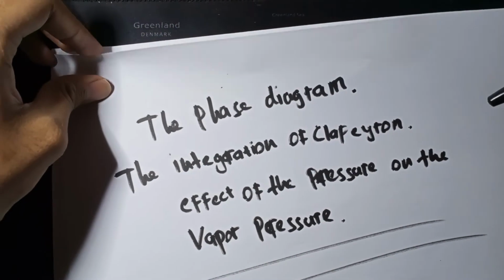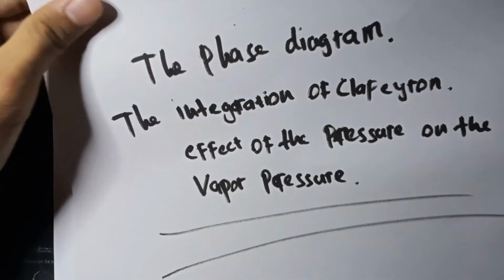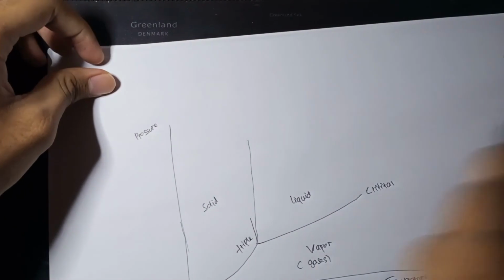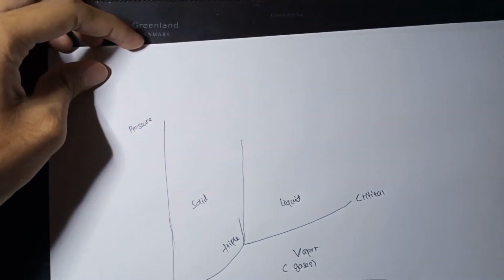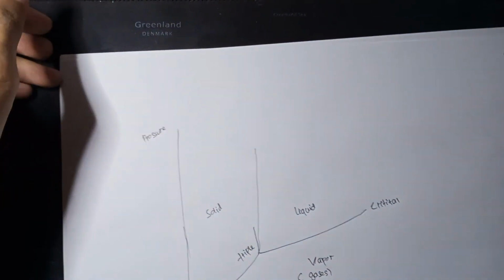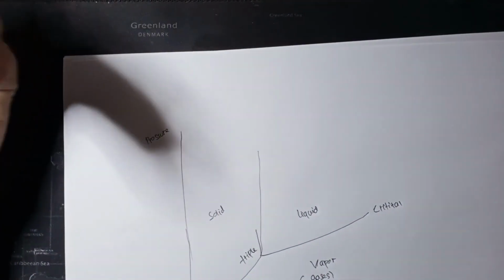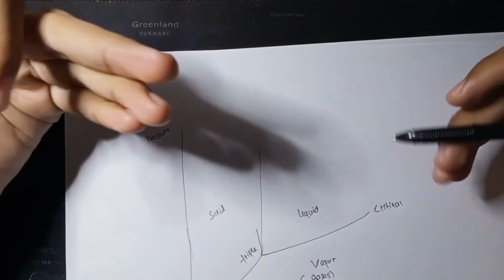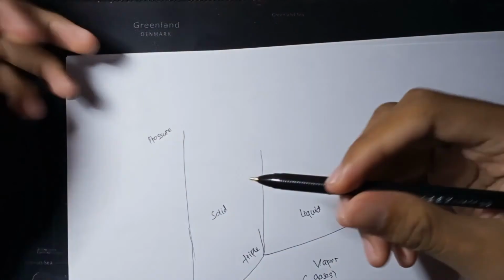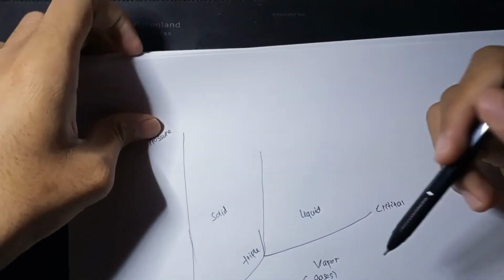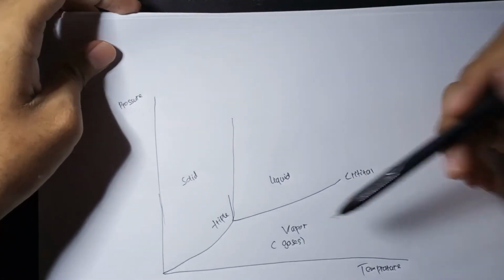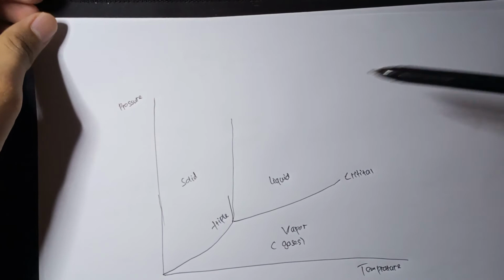So, let's start with the phase diagram. You may have noticed that the phase diagram shows the phases of matter: solid, liquid, and vapor or gas.